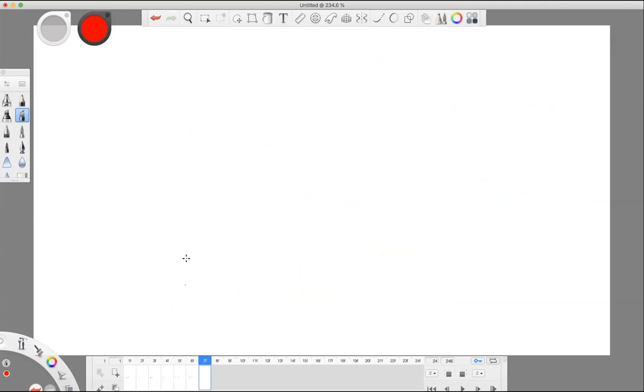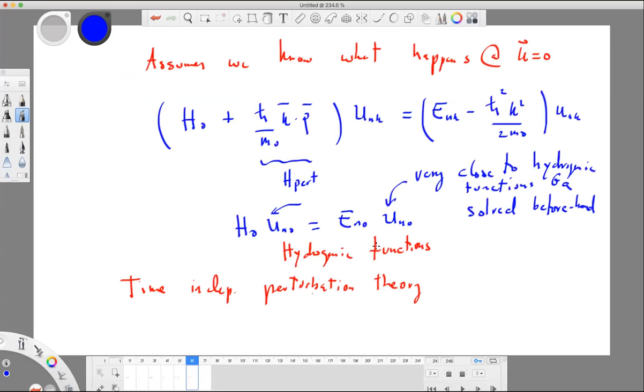and you look up this time independent theory, and you'll see that you get these expressions here, which is a very simple expression for E_n(k) minus ħ²k²/2m0. Okay, this is what's on this side of the equation.